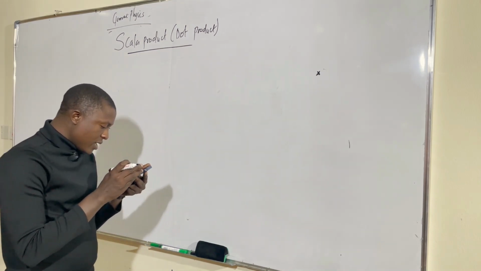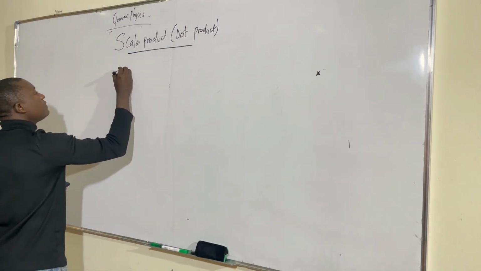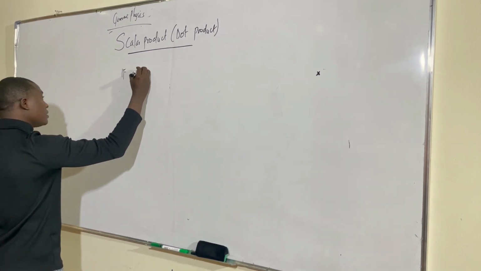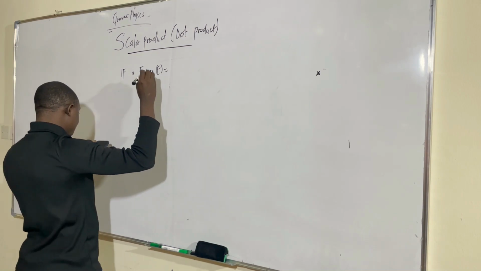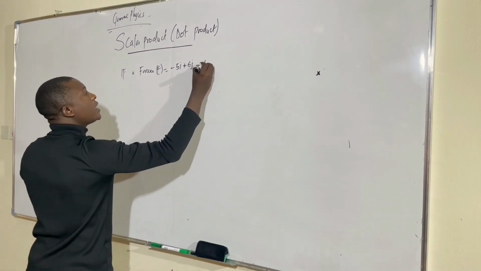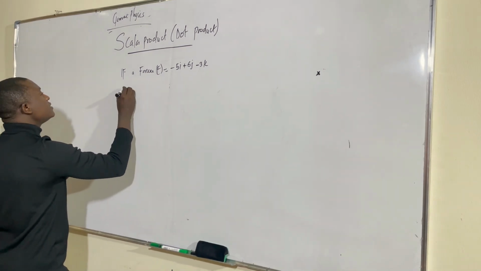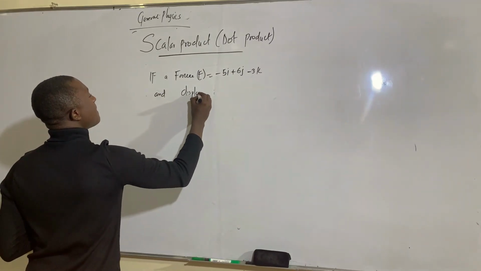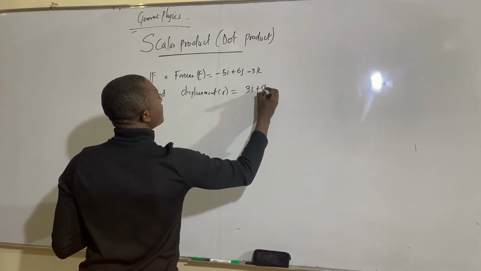The question says, we are given that if a force F equal to minus 5i plus 6j minus 3k, and displacement R equal to 3i plus 5k.